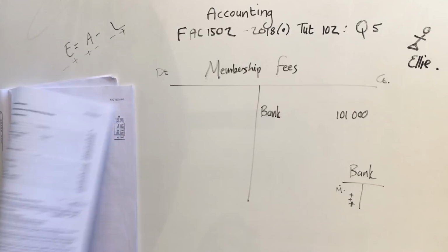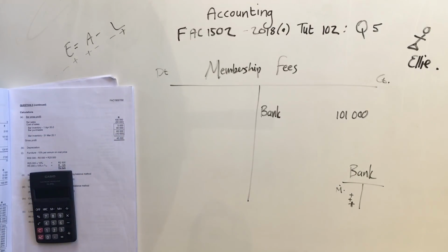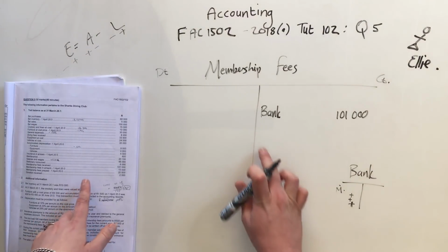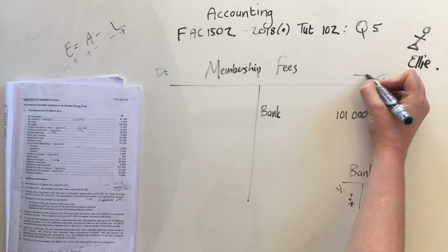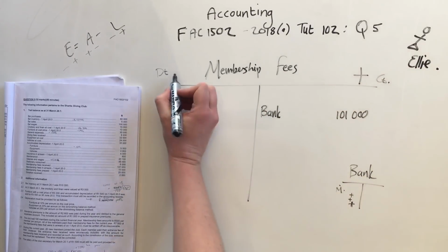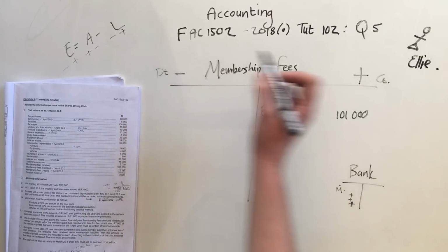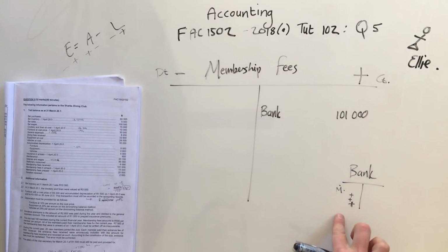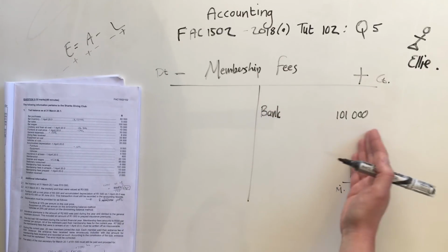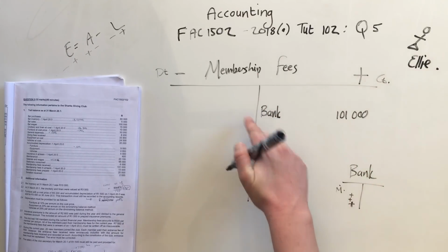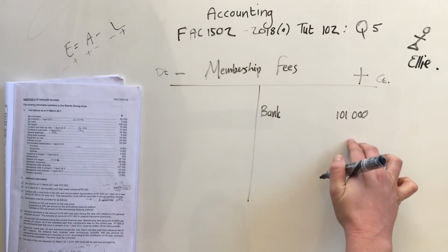That's our first one. The membership fees increase on this side and decrease on this side, because the bank has to be debited when the money comes in. So when we get money in, it's this side.